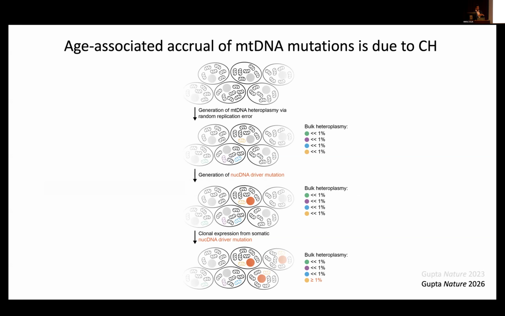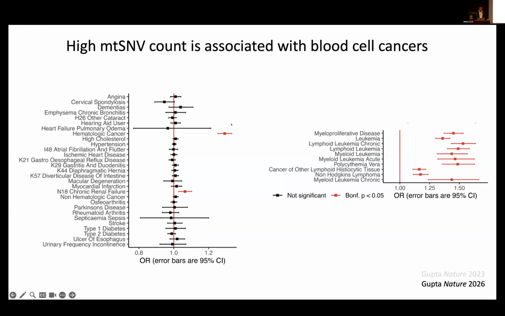Lots of people have proposed that high mtDNA mutation rates are associated with a lot of diseases. We're only focusing on blood. Most diseases do not appear to be associated with this high MTSNV count. However, the bright red all correspond to blood cell dyscrasias. So it does appear to be the case that high mtDNA mutation count is a marker for future blood cell dyscrasias.